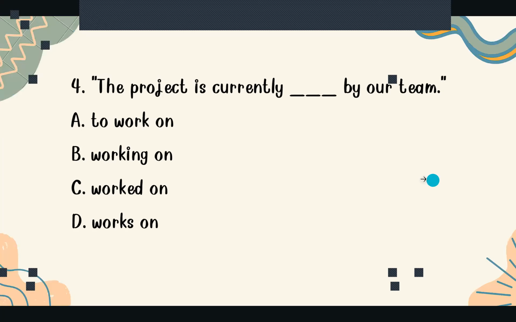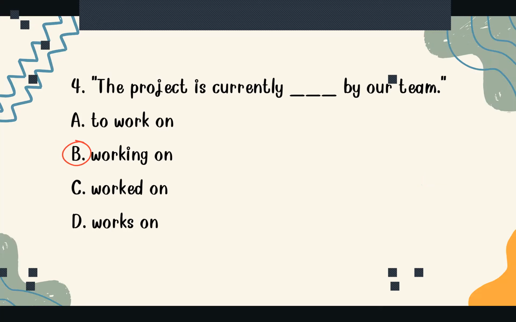The last one is: the project is currently blank by our team. The answer is working on. In the present continuous tense, the project is currently being worked on by our team.